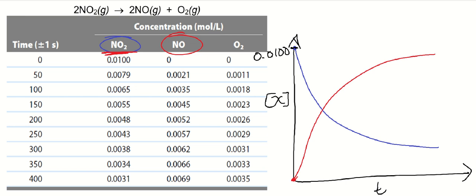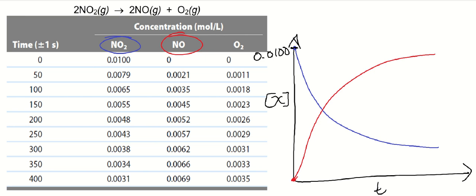And that makes sense because NO2 is used to make NO, and it's the same mole ratio, right? Again, as time goes on, as there's fewer and fewer of the reactant, there's going to be a slowing down of the formation of NO as well, as indicated by the slope of this graph.